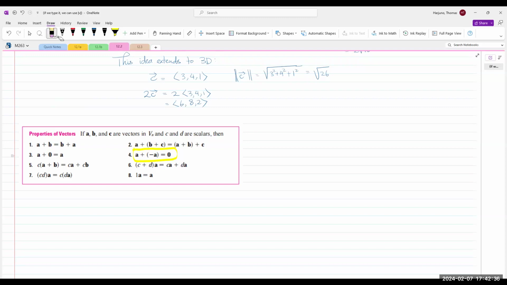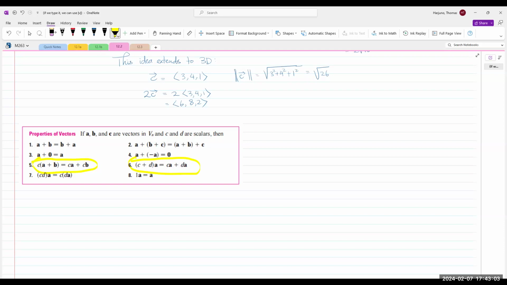Okay, now and then number 5 and number 6, I forgot what you call this. Distributive property. Okay, the vector distribution and the scalar distribution.